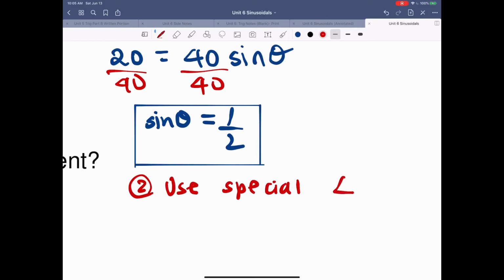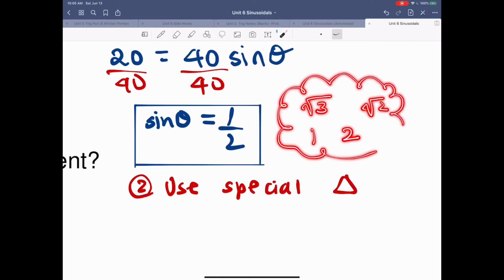When you get a value, you might try to see if you can use a special triangle, because remember there are variations of square root 3, 1, 2, and square root 2 that come up. If you see any combination of these values, double check and make sure that you are giving a very specific angle and keeping it exact, okay?